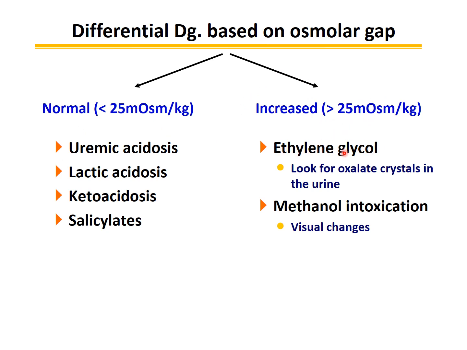Ethylene glycol is usually metabolized to oxalic acid, so in the urine, for example, you can find oxalate crystals. In methanol intoxication, you should check for visual changes. The best antidote for these two is ethanol. Ethanol is less toxic than these two components.